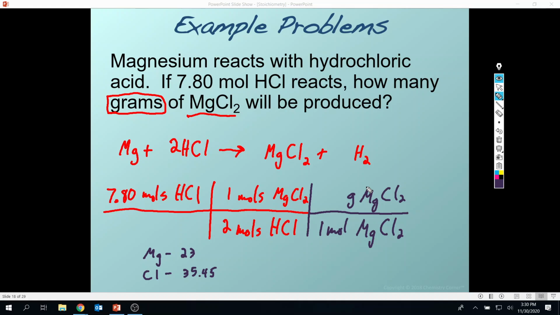Okay, so 24.31. Let's just make a quick change. And of course we have 2 chlorines. So combine all that together and tell me what we get.